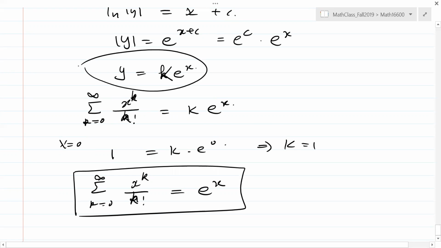Then I have to determine the constant, so I set x to be 0, and both sides should match. So the constant K should be equal to 1. That's why I have decided the exponential function has a nice power series representation, and it's true for all x. It's not like the function 1 over 1 minus x.